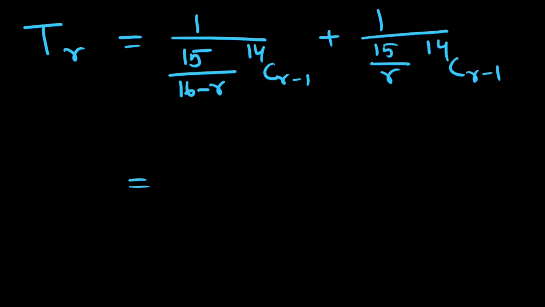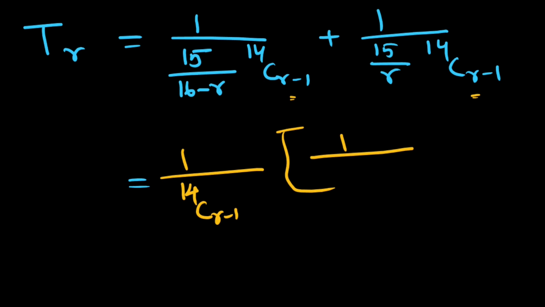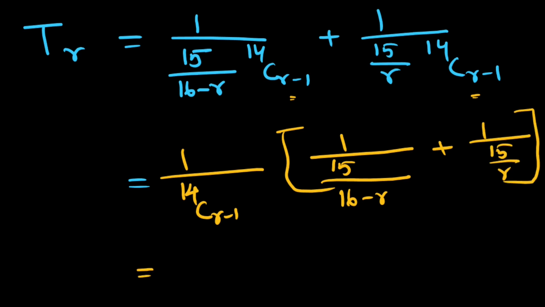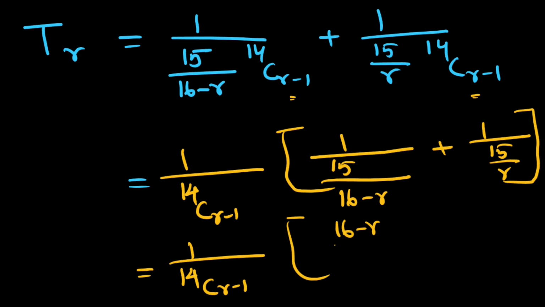If we see carefully, 14C(R minus 1) appears in both terms, so we take it common: 1 over 14C(R minus 1) times [(16 minus R) over 15 plus R over 15].